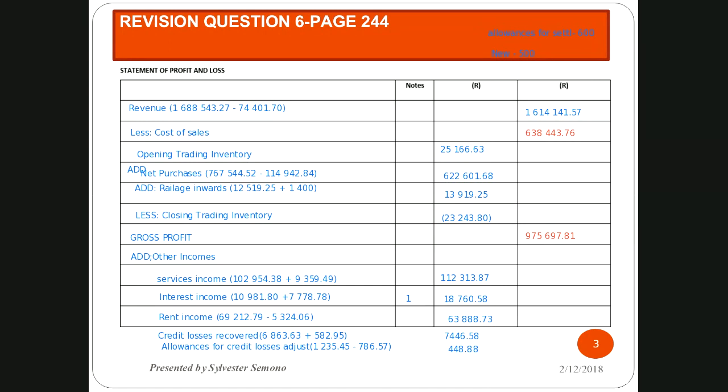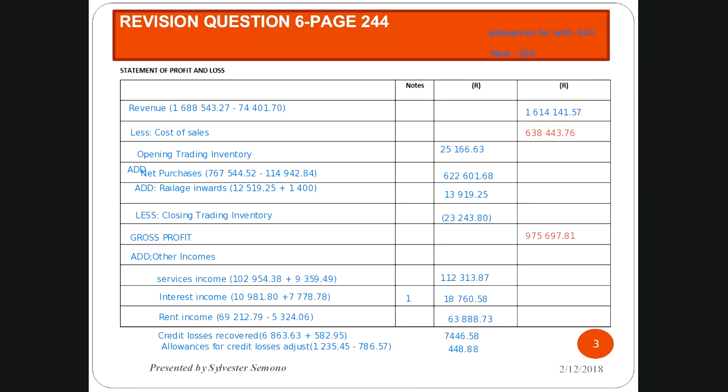We must add 7,446.58. We must add 448.88. God, please audit me. I need auditors now to help me. I found 202,858.64.